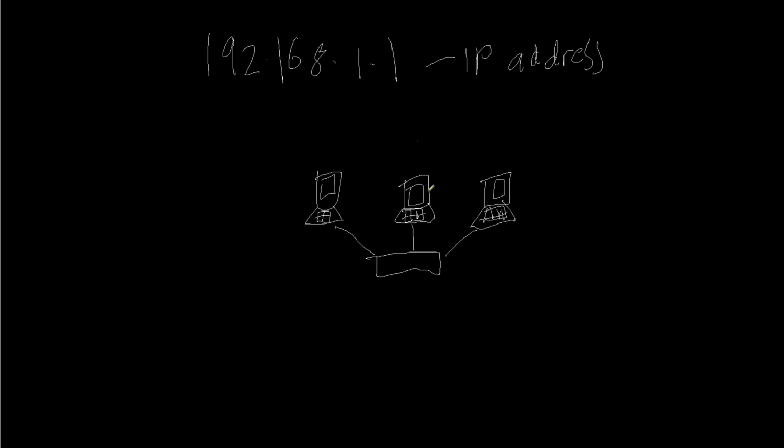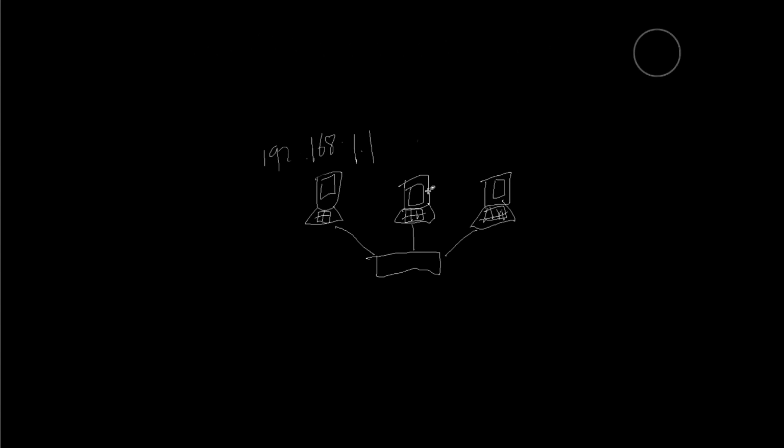So the first one might be 192.168.1.1. This one here might have 192.168.1.2, and this one 192.168.1.3.